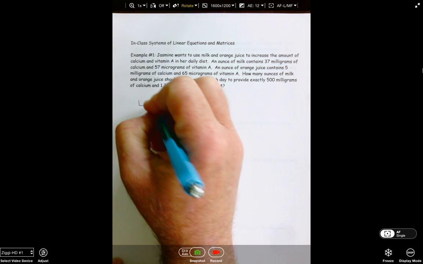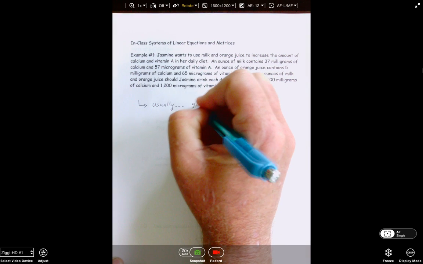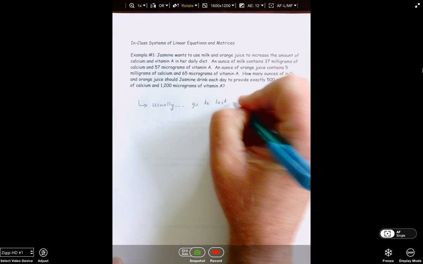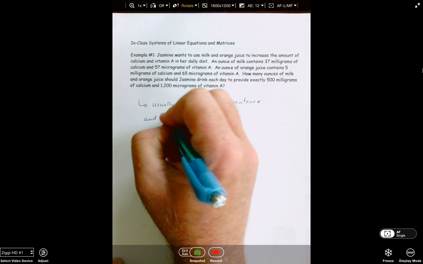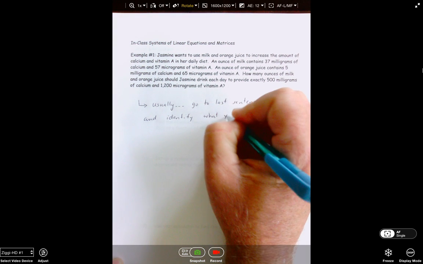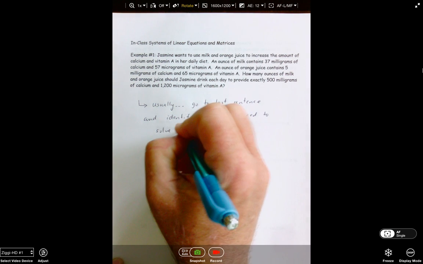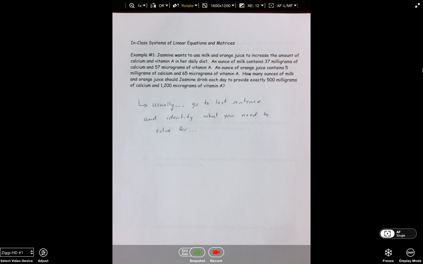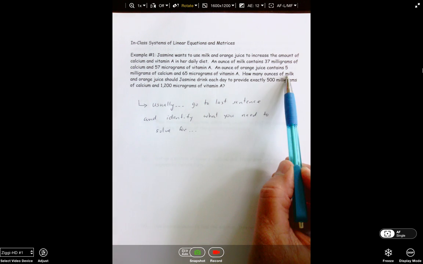The first thing I tell students to do is usually go to the last sentence and identify what you need to solve for. So I go to the last sentence and it says, how many ounces?